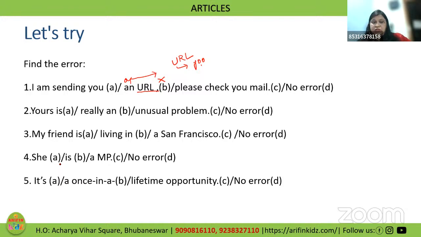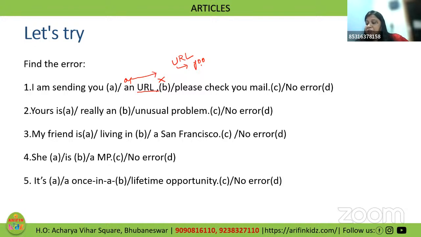Rudransh, just have a look at the slide. Swati Parida is confused between B and C. Don't get confused. I have already mentioned why it is like this. Yours is really an unusual problem. Find out the error. If you do not find the error, then your answer should be D, which is no error.